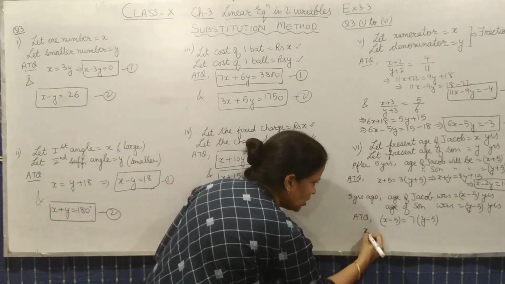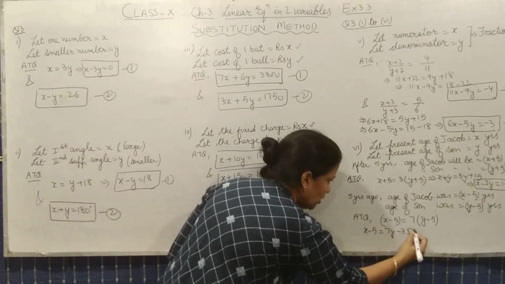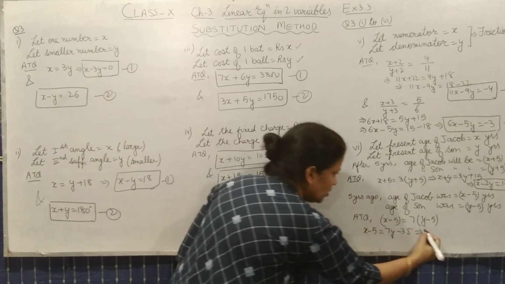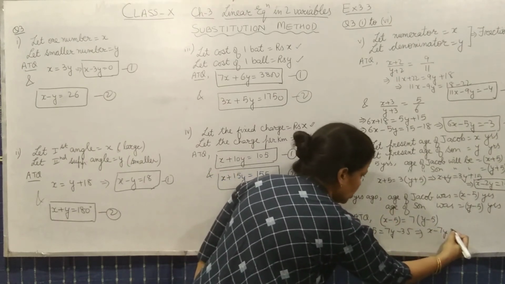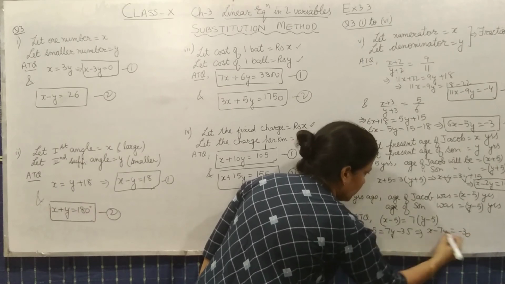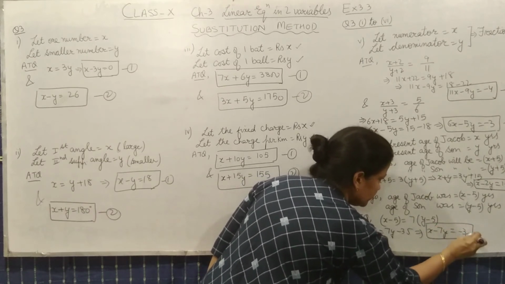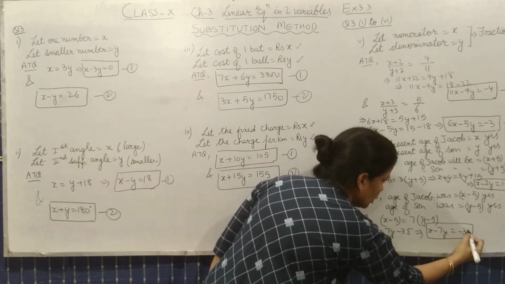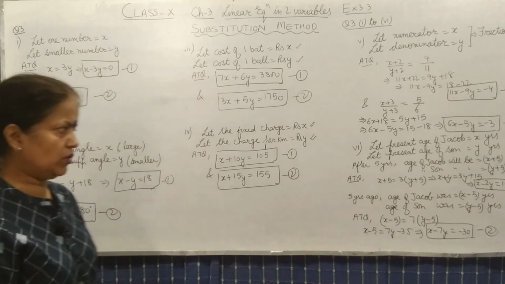This is the equation. Solve it: 7y minus 35. Again shift the terms: x minus 7y equals minus 30. So this is the second equation, and you can solve this equation.